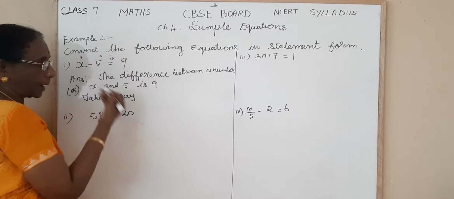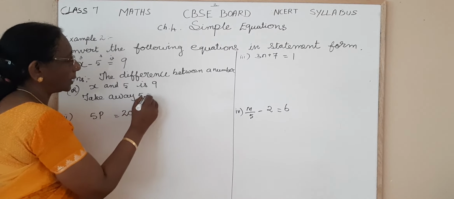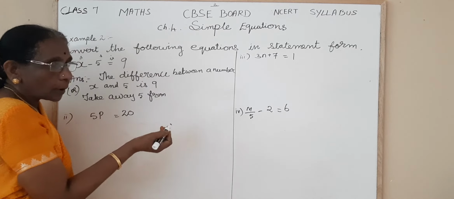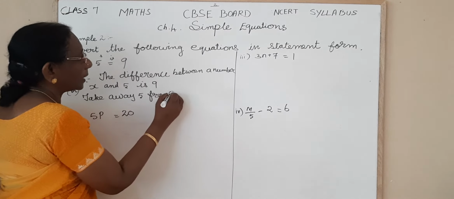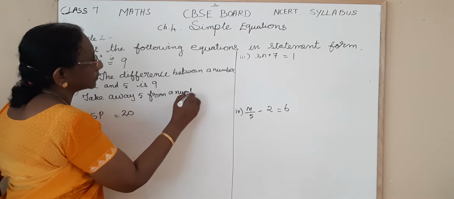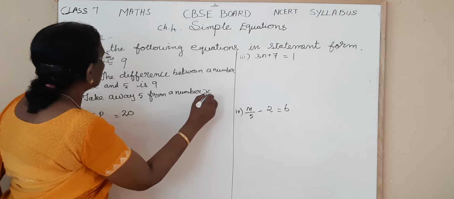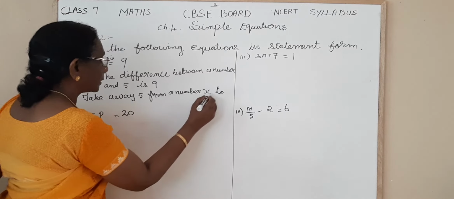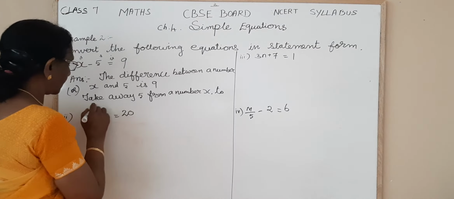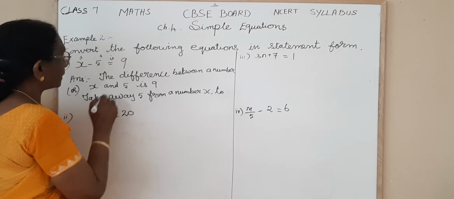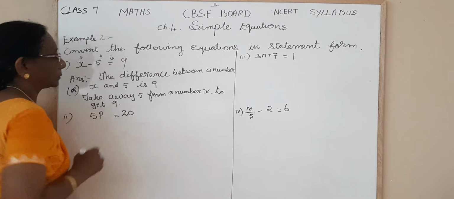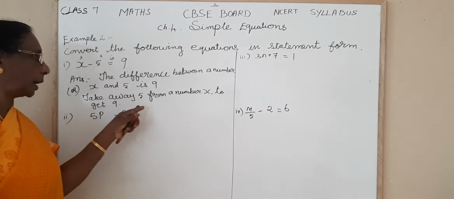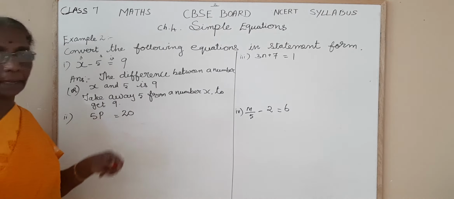You are taking 5, first the small number, from the big number. From what are you taking? From a number x. What are you going to get? To get 9. The same thing you can write: instead of take away, subtract 5 from a number x to get 9.